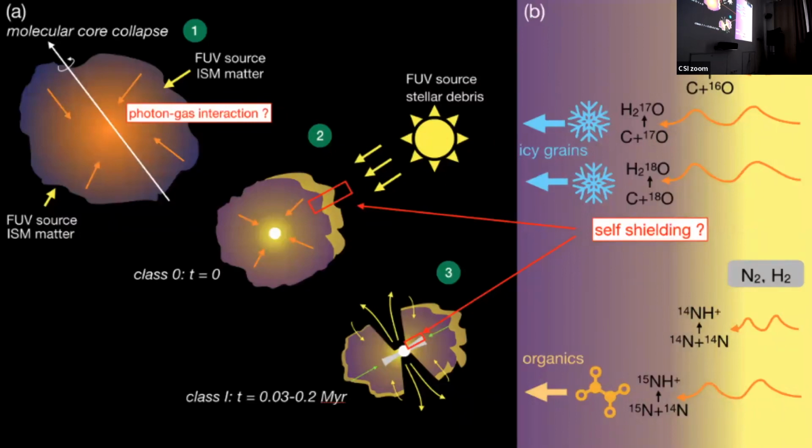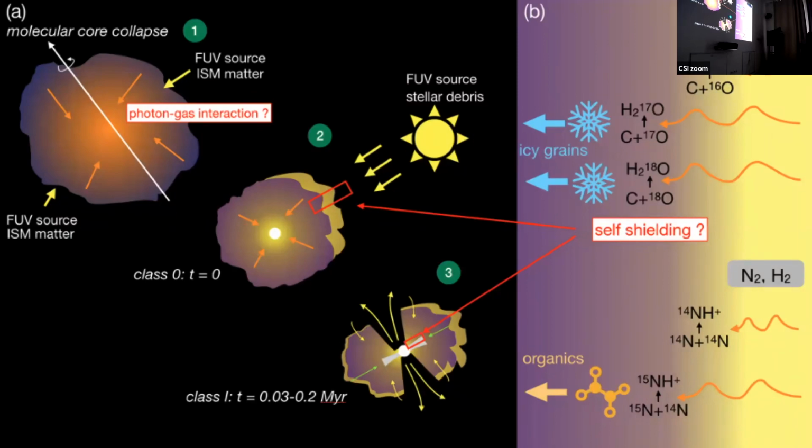And later on, these solids were incorporated in chondritic and planetary material because they were already solids, and then they could be trapped efficiently. Otherwise, we would not trap these volatiles. Okay, so I am done now.